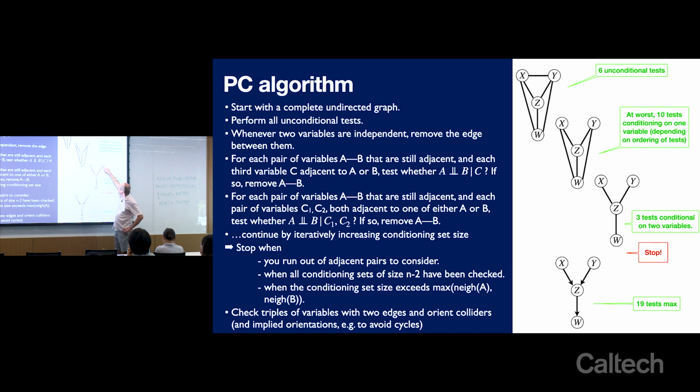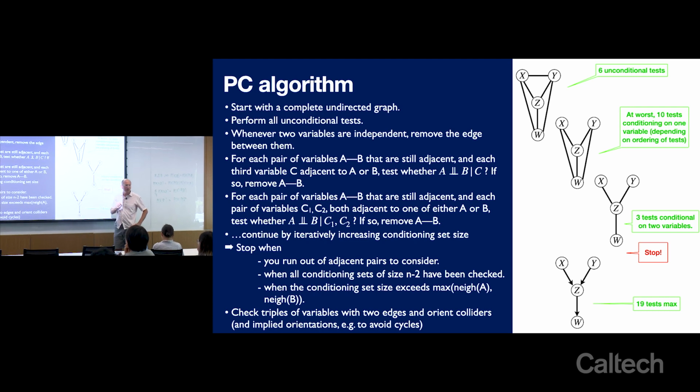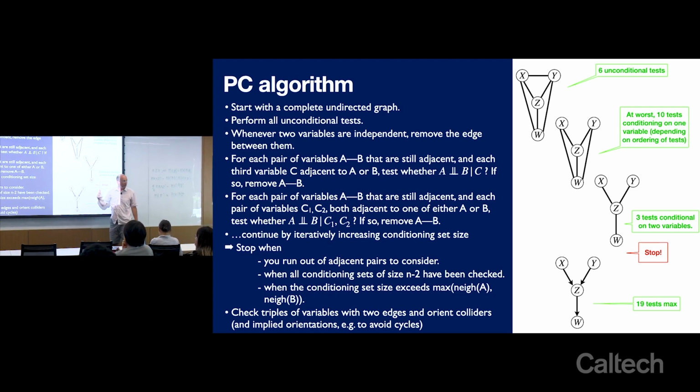If the chain were from y to z to x, they wouldn't be independent of one another. If z were a common cause of x and y, they wouldn't be independent of one another. So the only way that x and y can be independent of one another is indeed if the arrows point into z. We're discovering the V structure here again.